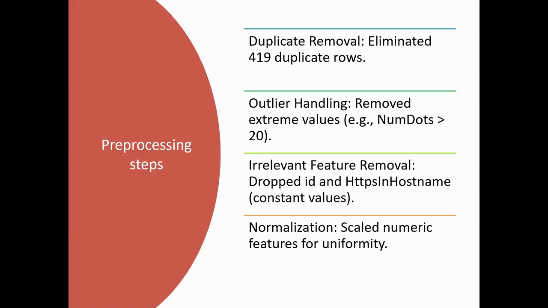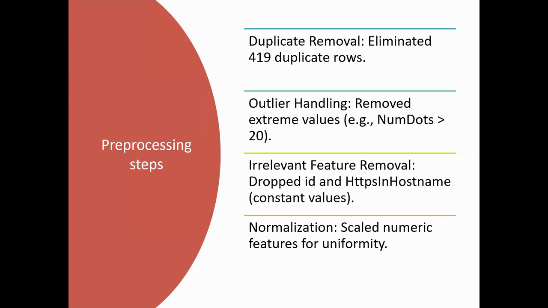So coming to the pre-processing steps, we have cleaned the data by removing 419 duplicate rows to avoid repeated information. And also we have handled the outliers by removing extreme values, like URLs with more than 20 dots, because they're very extreme.